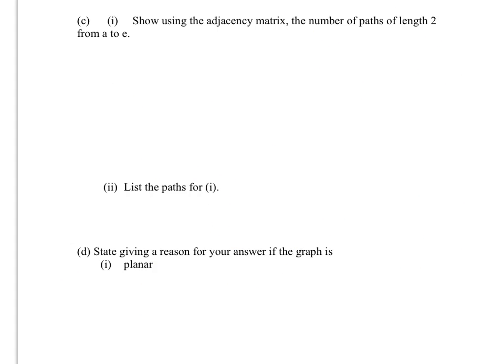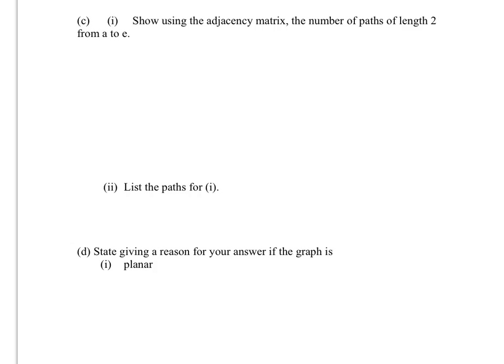Now let's look at part C of the question. It says, part 1, show using the adjacency matrix the number of paths of length 2 from A to E. And part 2 says, list the paths for part 1.